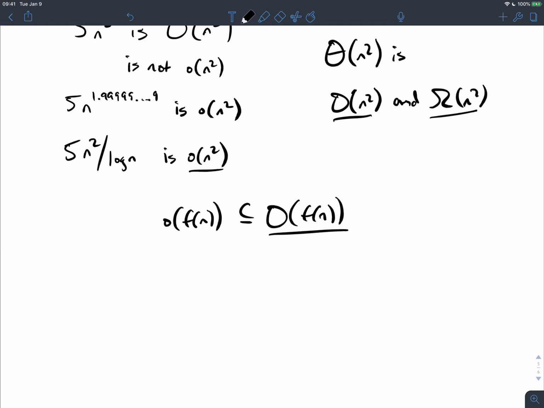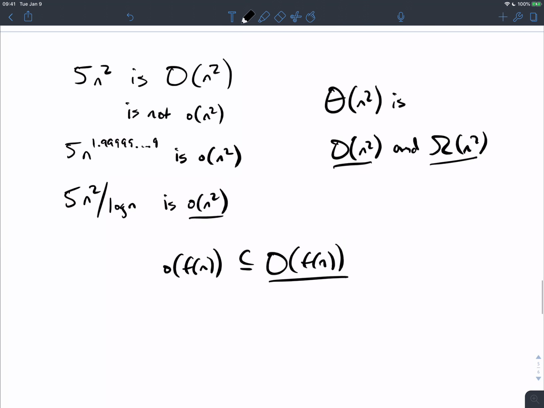Okay, any other questions? Going back to my question, it seems like big O contains things that are smaller than little o. So when I think of big O of f of n being larger than little o of f of n, I kind of get confused. Well, what do you mean smaller than little o? Because there's no such function.